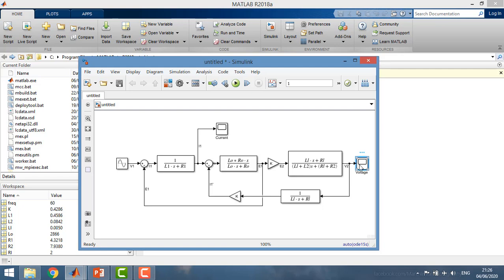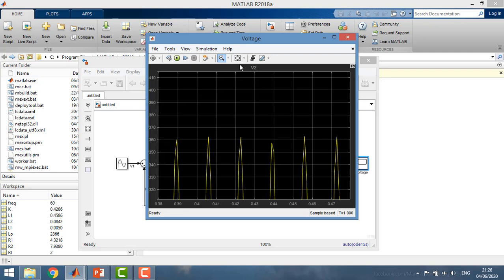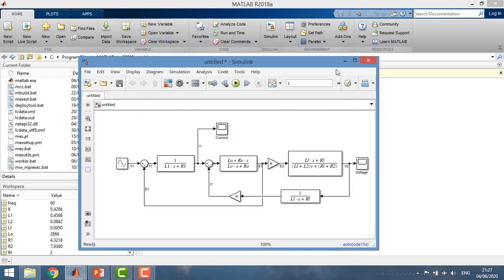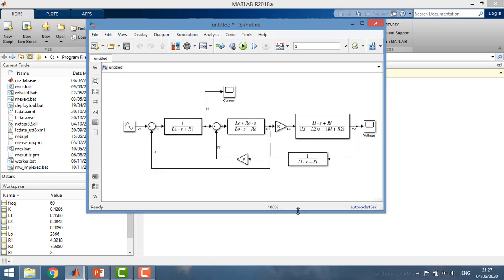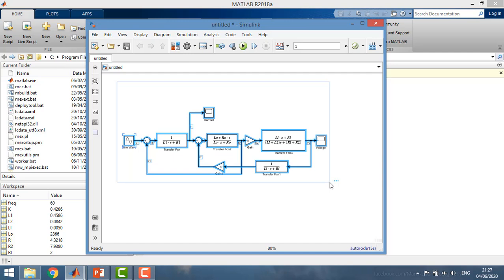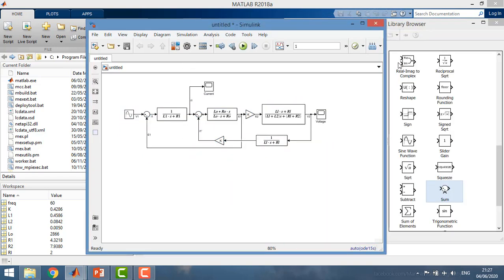Let's check the waveform. Okay, so this is the first model. Let's go and build the second one. Okay.